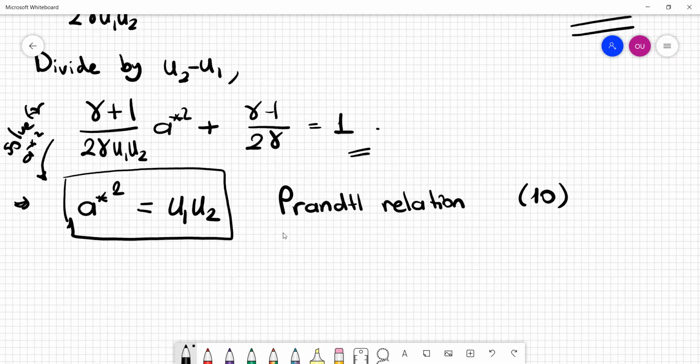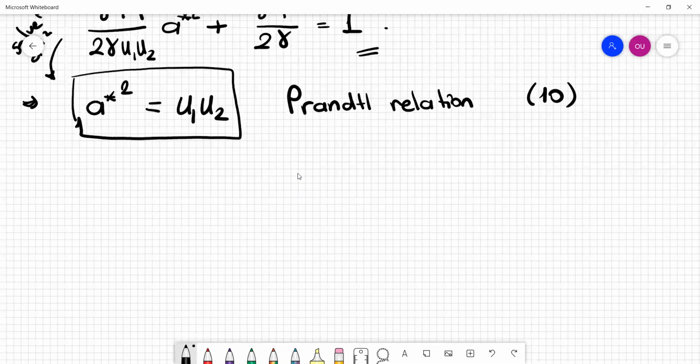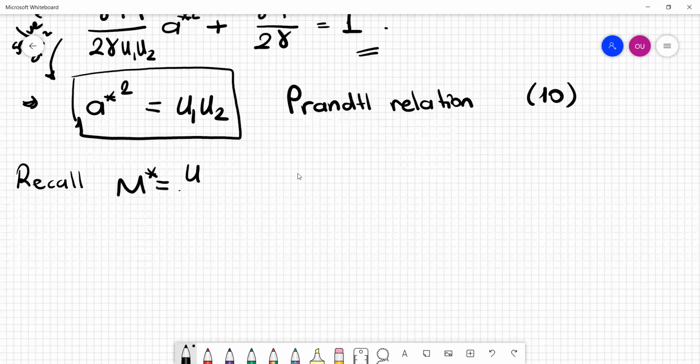Because if you remember the characteristic Mach number definition, M star, this is equal to U over A star, right? This is how we defined it. Local velocity divided by the speed of sound value at sonic condition.